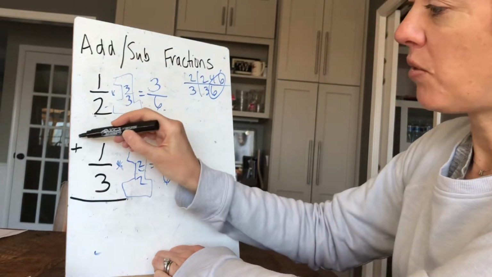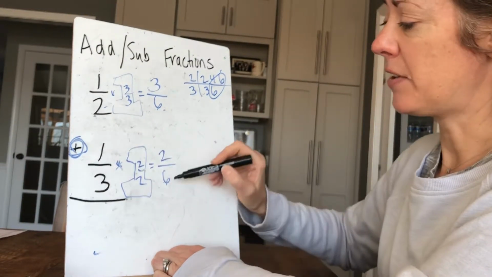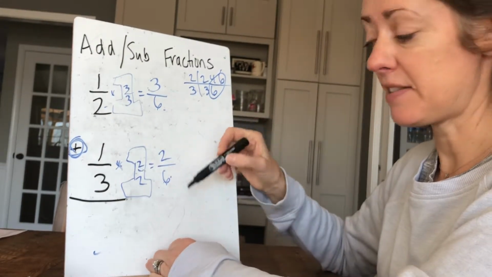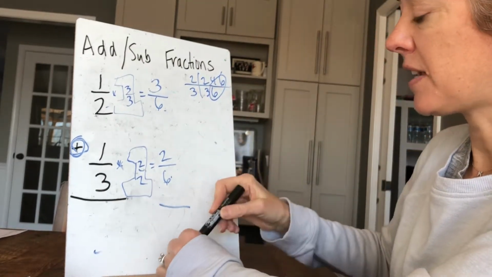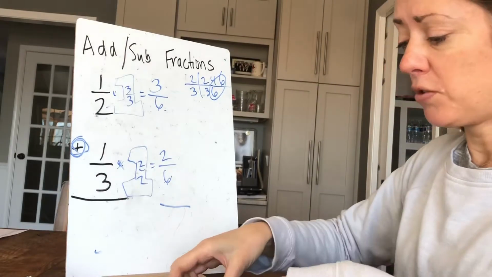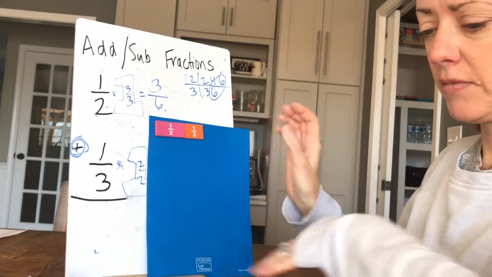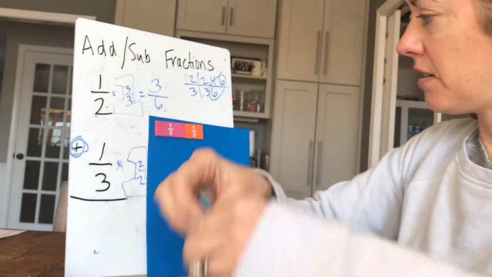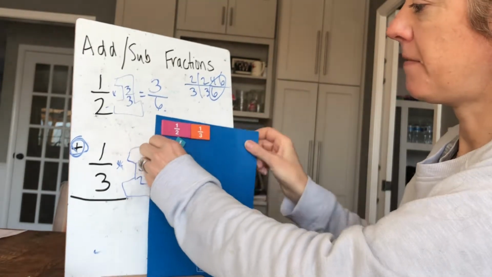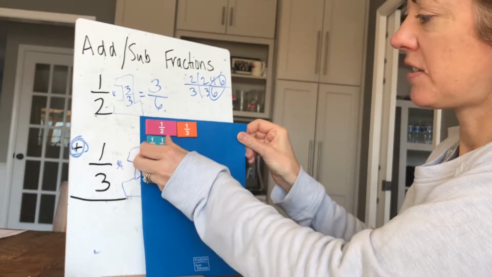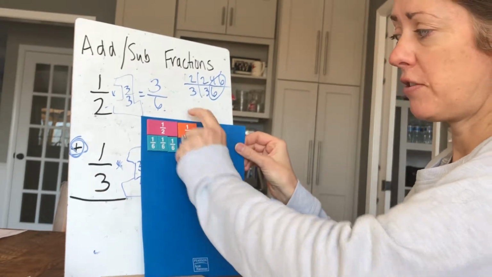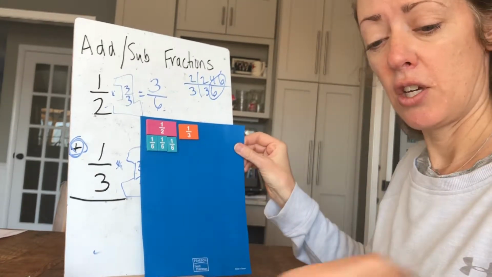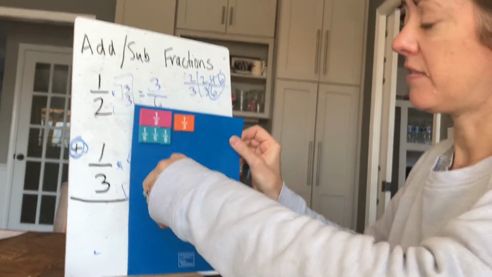So now we know we're adding. We have our common denominators, 6. We have 3/6 plus 2/6. Gives us how many sixths? Well, if you look here, if we change this into 6, 1/2, as we know, gives us 3/6, and the 1/3 gives us 2 more sixths, right?